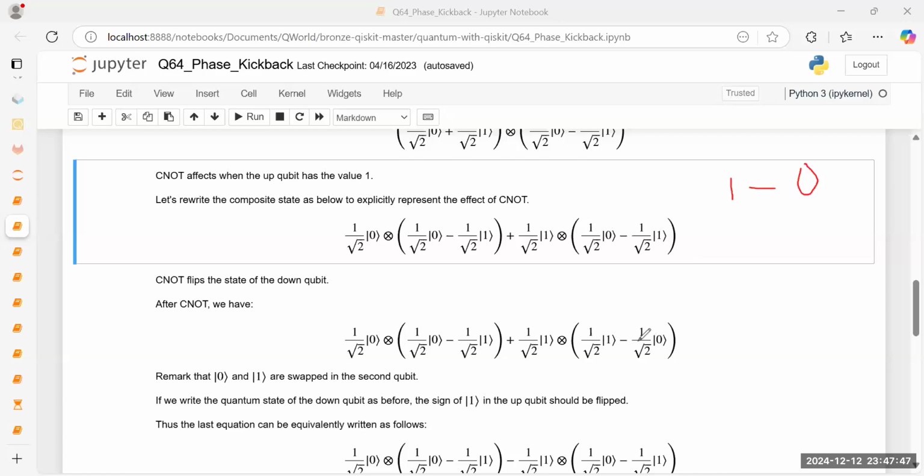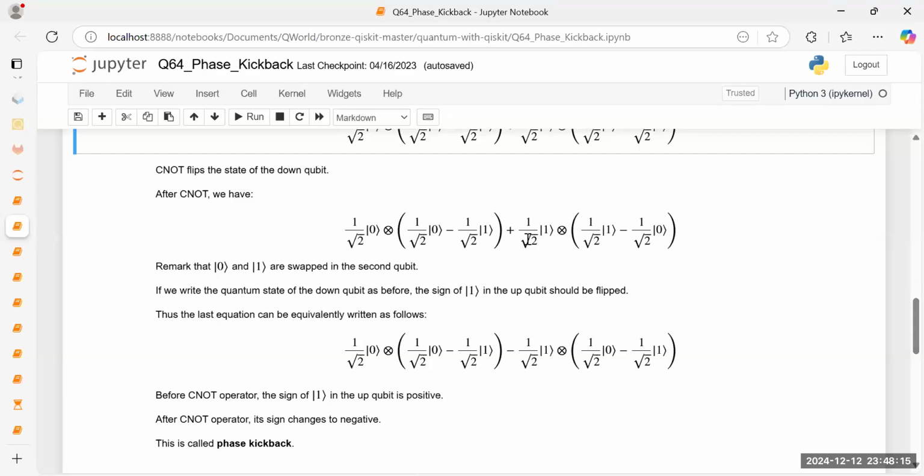So we have 1 minus 0 here, but let's say we were to factor out the negative sign, or factor out minus 1. We get 0 minus 1. So this and this are exactly the same, and that's exactly what we do here. We just factored out the negative sign. So we now have 0 minus 1 with a negative sign at this point.